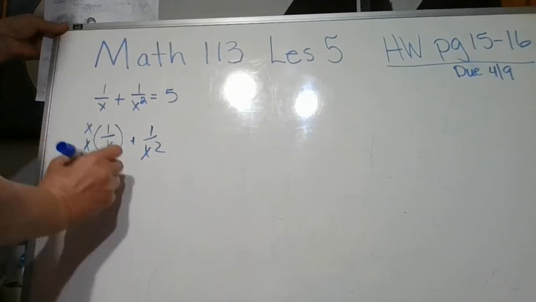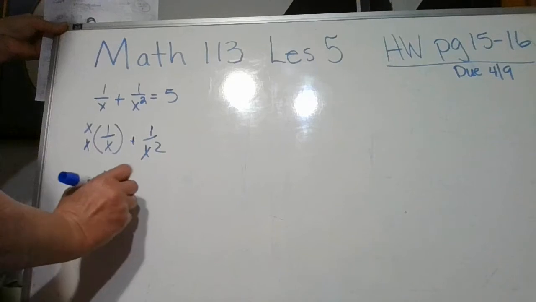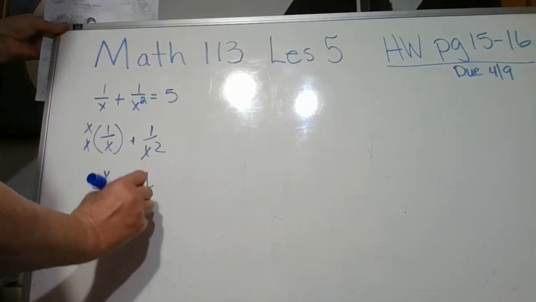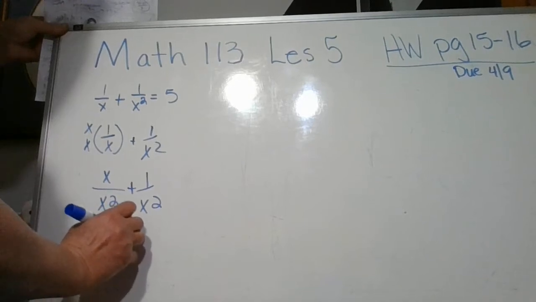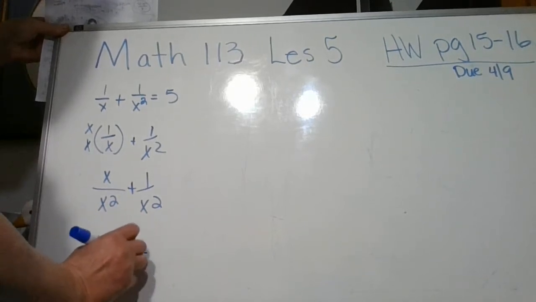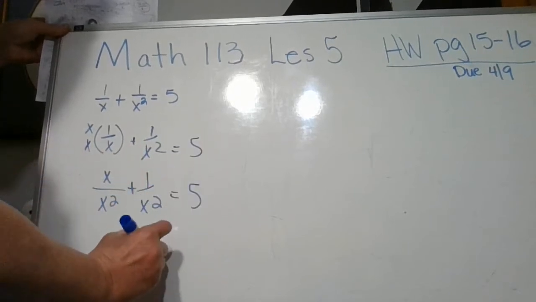So x times 1 is x. X times x is x squared plus 1 over x squared. And I can put those together and I'll have x plus 1 over x squared, and that's equal to 5.